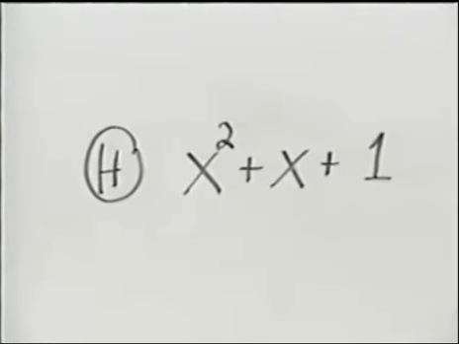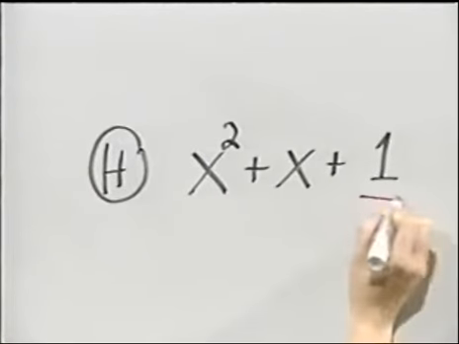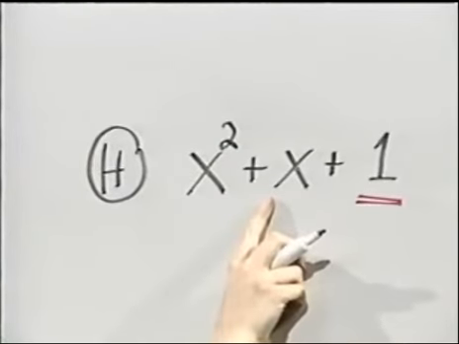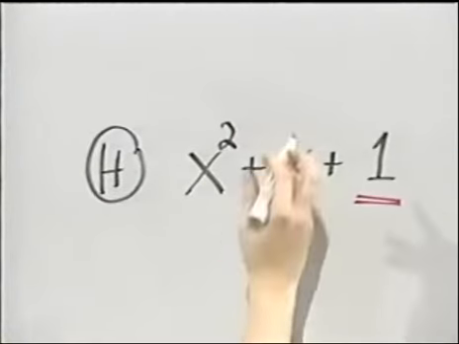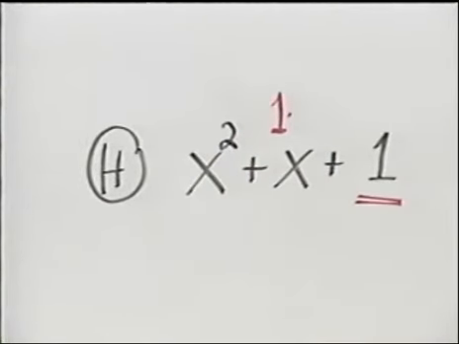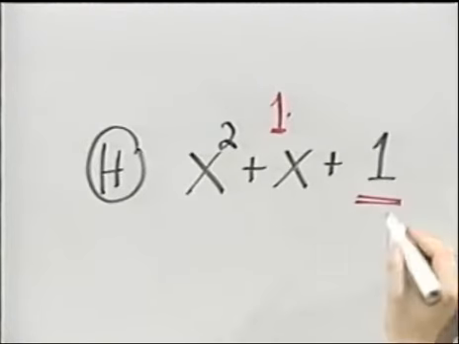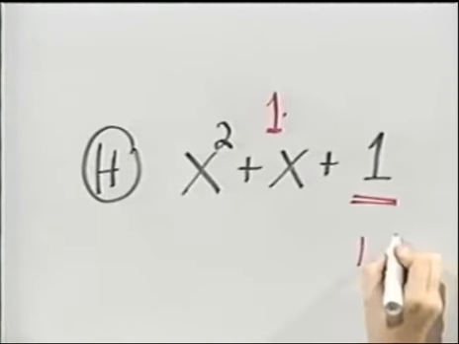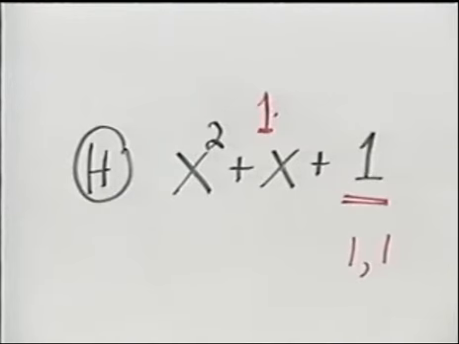Now, let's try to come up with two numbers that will multiply to give us 1 and add to give us this middle number, which is also 1, right? 1x. So, the only two numbers that multiply to give us 1 are 1 and 1. 1 times 1 is 1.